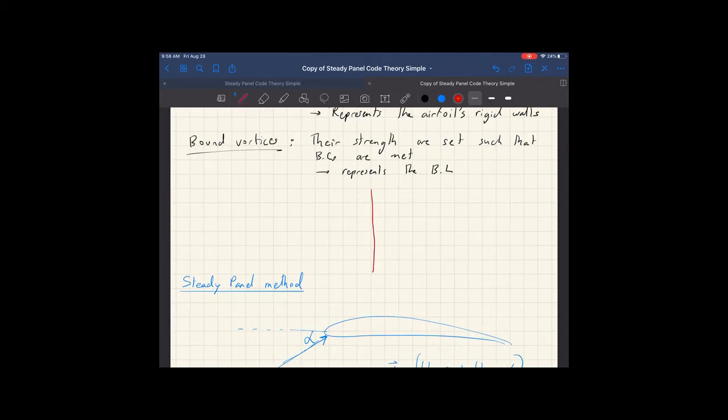Now, you have a steady panel method, which we are talking about in this lecture, and we have an unsteady one, which we will talk about later, maybe a month from now or something. So in the steady panel method, you have to enforce no penetration, and you have to enforce the Kutta condition.